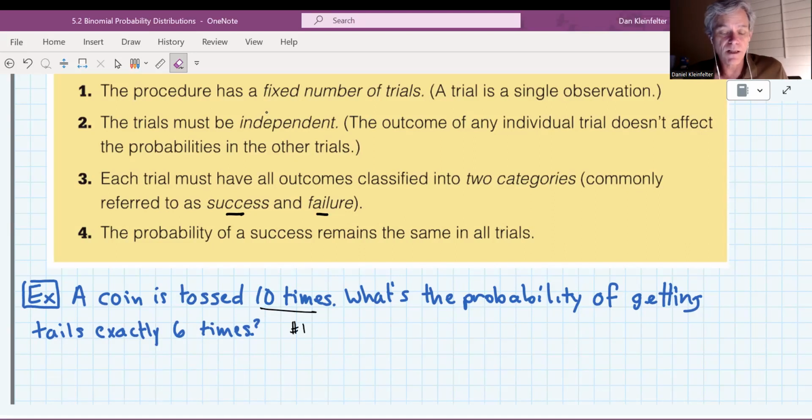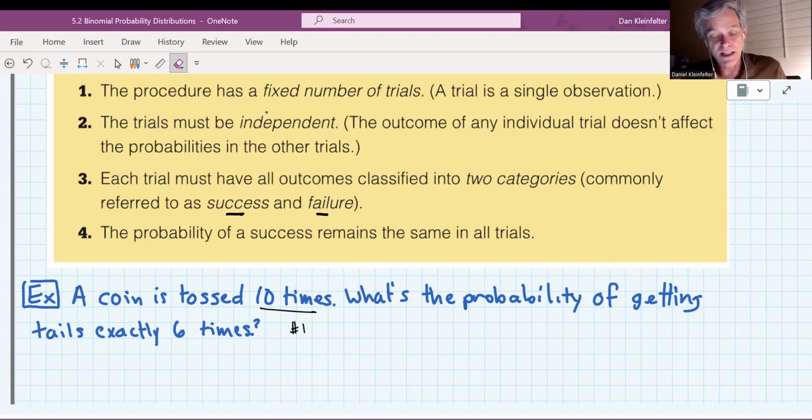There's a fixed number of trials, and that's it. It isn't that we're going to toss a coin a few times, and if we got tails twice in a row, then we'll stop or something. Nope, we're doing it 10 times. The trials have to be independent. If you toss the coin 3 times, none of that information is going to tell you how it's going to come out on the 4th time. The trials are independent. Each trial has to have all the outcomes classified into 2 categories, heads or tails.